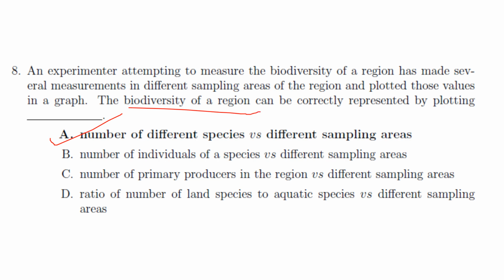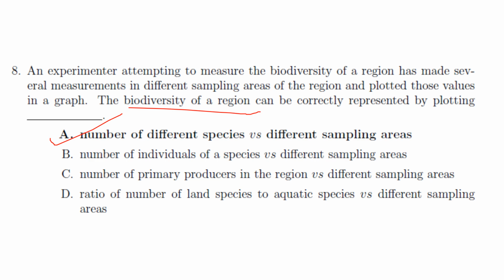So you can estimate the total number of species in the region when you plot the graph, and you can compare biodiversity between different areas, as well as identify the species richness and distribution also. Number of individuals of a species versus different sampling areas will give only data regarding species abundance and not biodiversity.